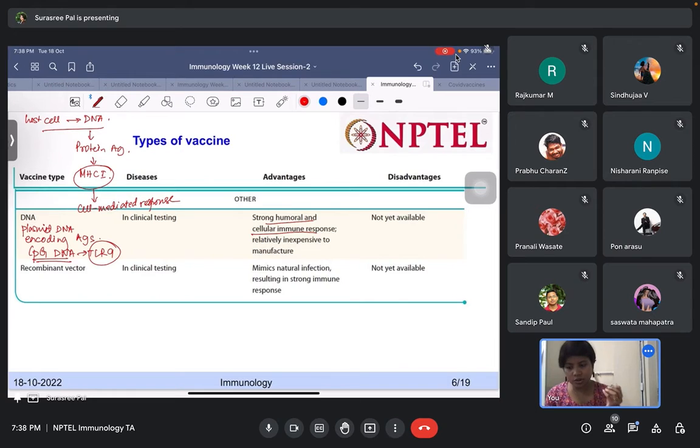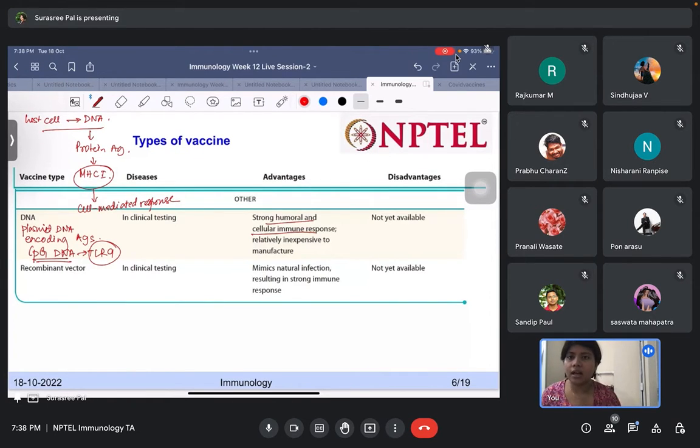Individual genes that encode these key antigens can be introduced into attenuated viruses or bacteria. We are using many live attenuated viruses as vaccines, which is very standardized.